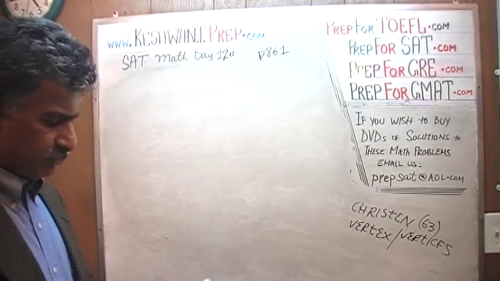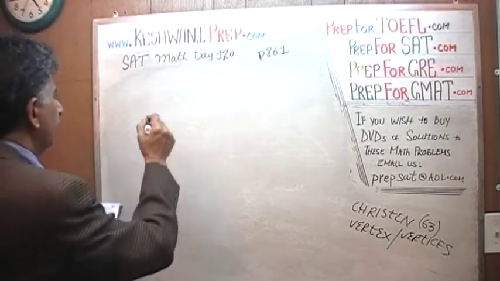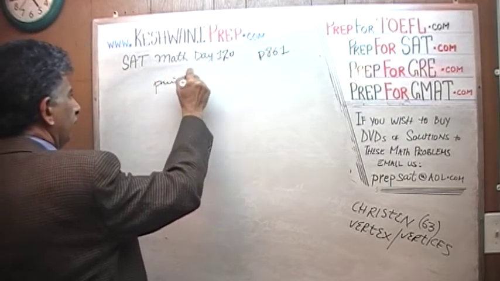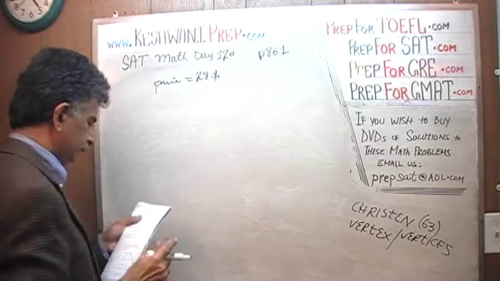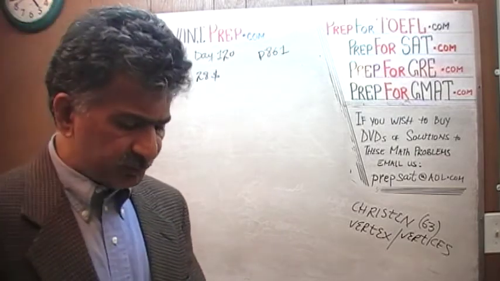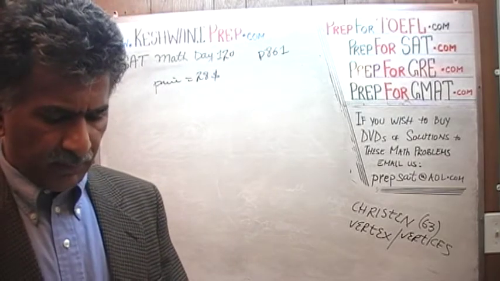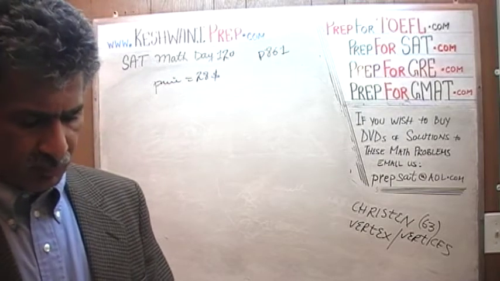A store charges $28 for a certain type of sweater. So the price is $28. This price is 40% more than the amount it cost the store to buy the sweater.